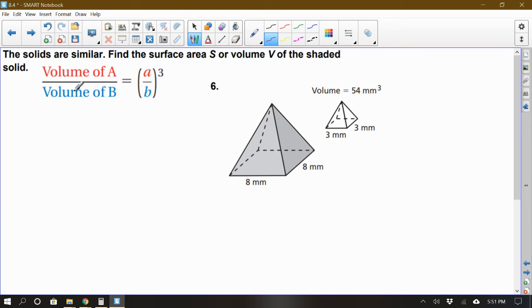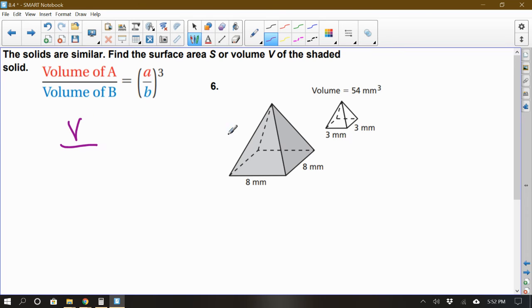Again, I brought that formula over so we could actually remember how to set up this particular proportion. All right, here we go. So let's see here. How about we put the volume of our shaded figure? That's the thing we don't know. So, let's use V for volume.